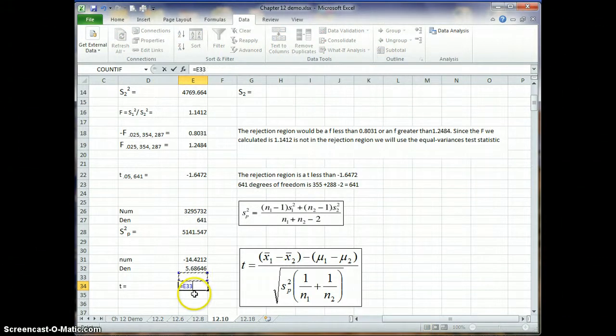And then we take the numerator divided by the denominator, and that gives us a t-score of minus 2.53.